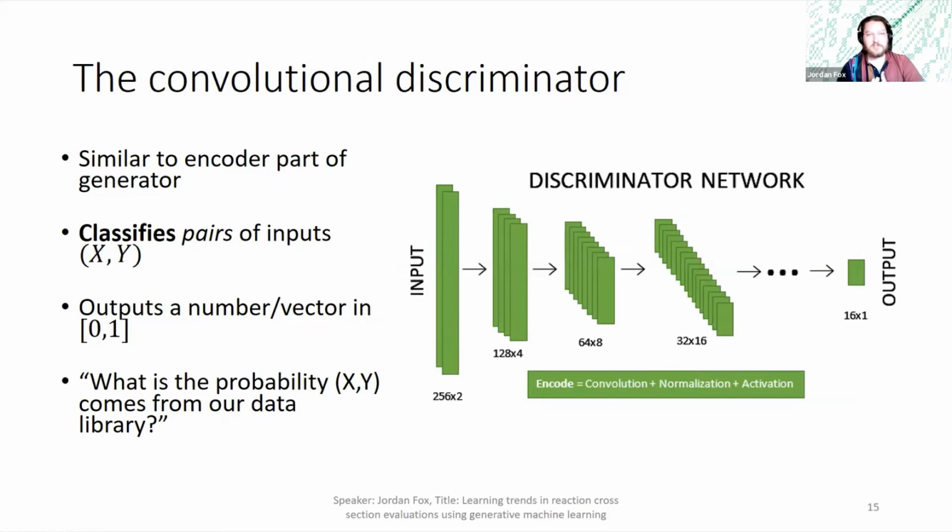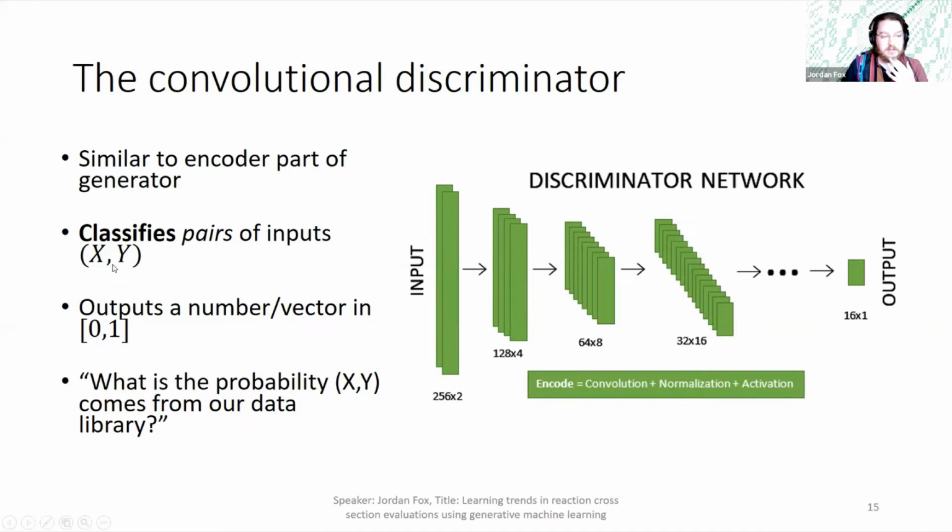Okay, so we talked about the generator. Now we talk about the discriminator. The discriminator basically looks like the encoding sector of our generator, except it terminates at either 1 pixel or a vector on the output end. So this is used for classification. If you look at the input side, you might notice that it's now 256 by 2.